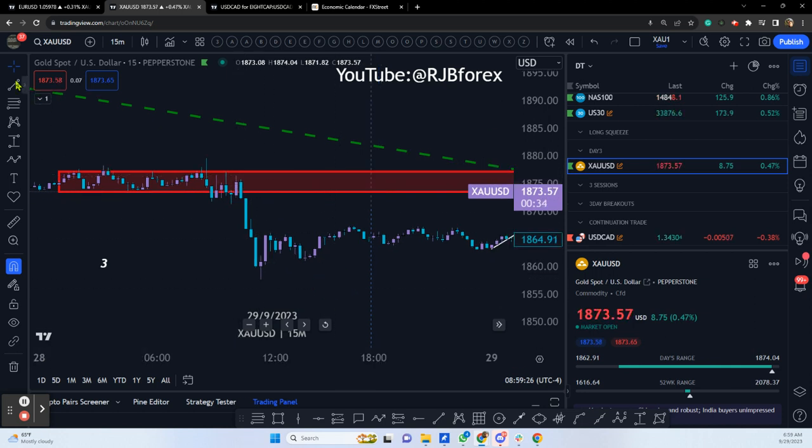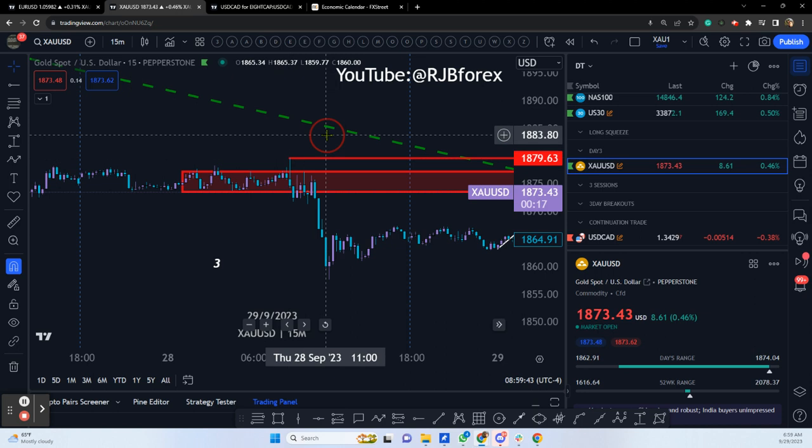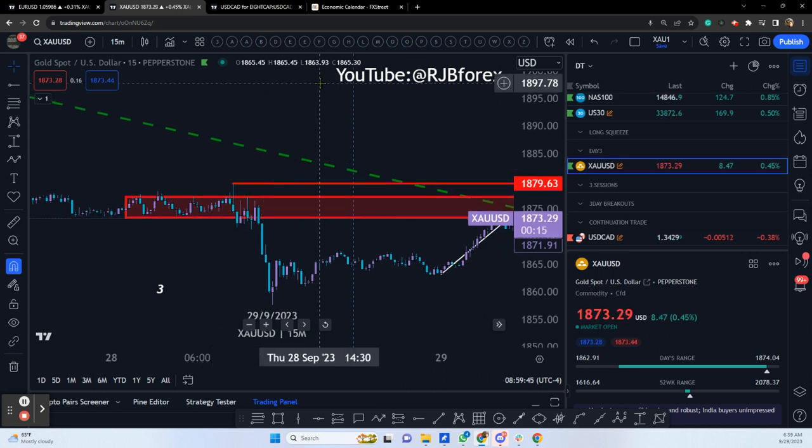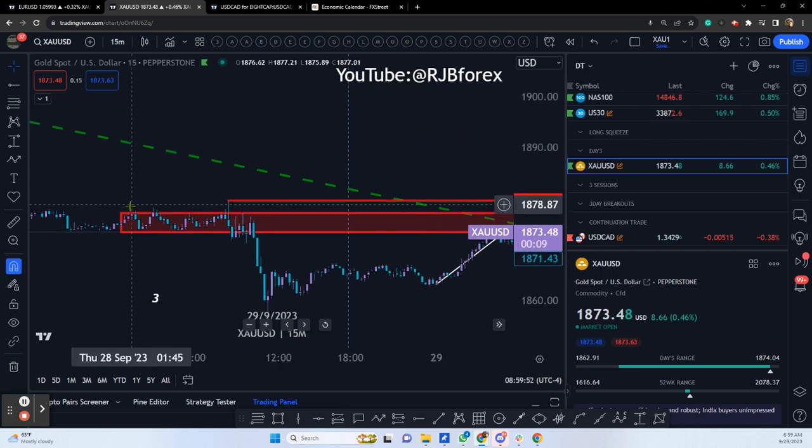So for me, until we break this level right there, going down, up, it's got to be there. Now that might look different on a different broker, but 1880 is the line in the sand.